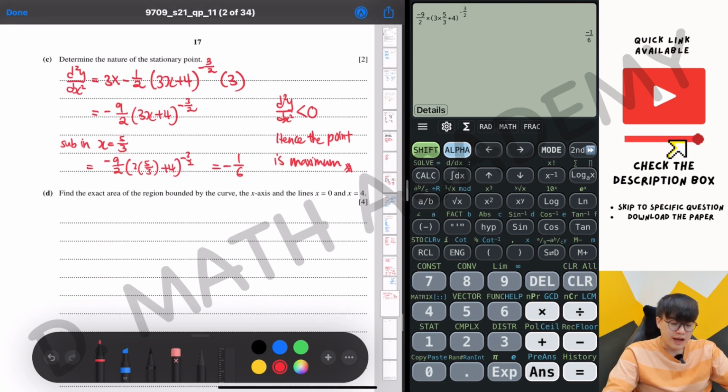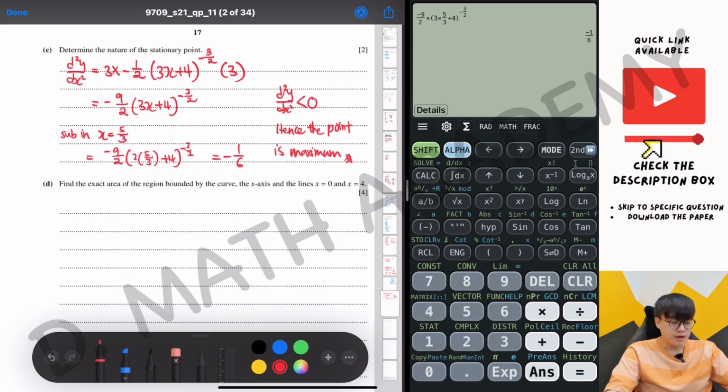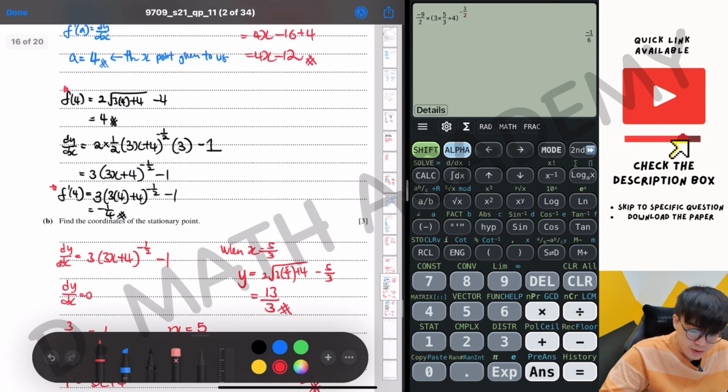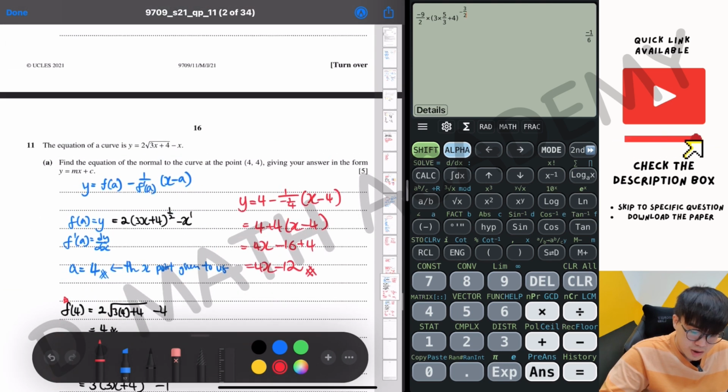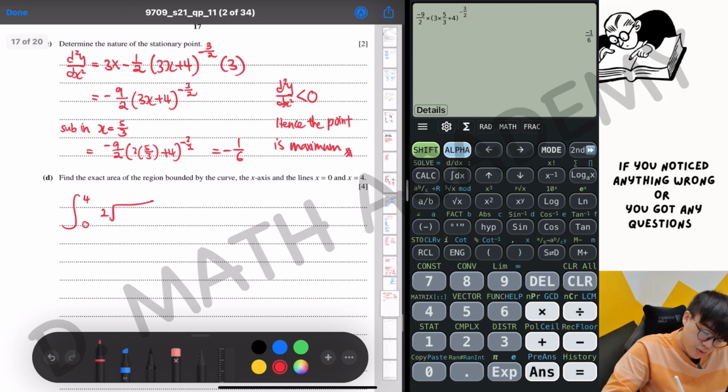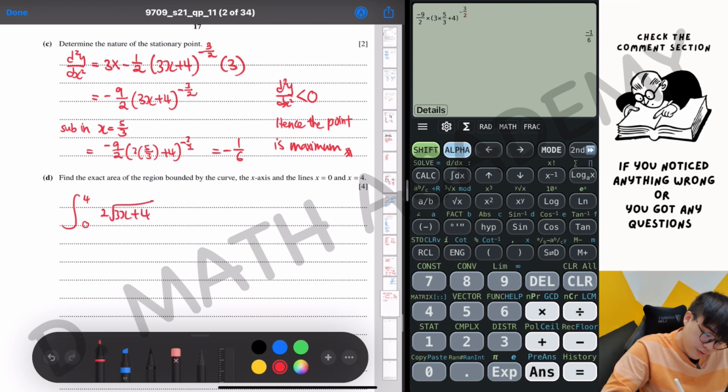And to find the exact area bounded by the curve and the x-axis, 0 to 4, they were asking you to calculate this. So the curve equation is 2 square root of 3x plus 4 minus x.